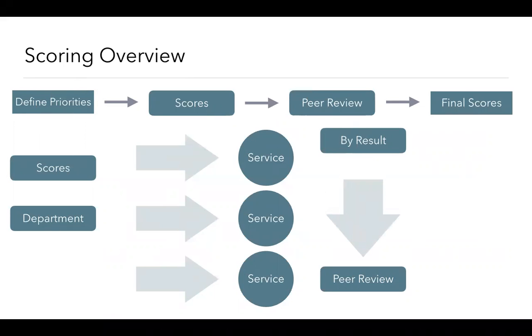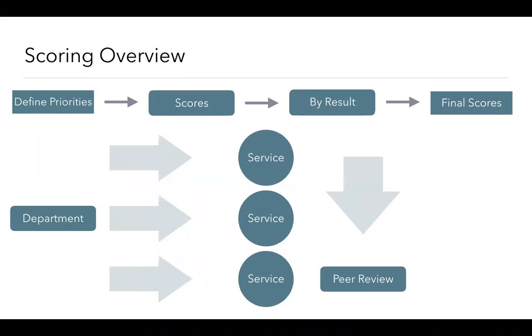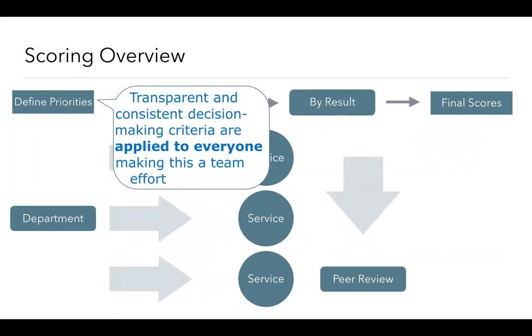Okay, just a reminder as to why we go through each of these steps. By defining the priorities, we create transparency and consistency. Each and every program is going to be scored against the same results, whether it's the community side or the governance side, and then each will be scored against the basic program attributes.